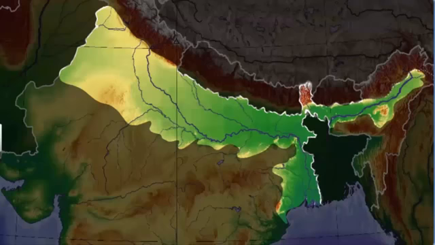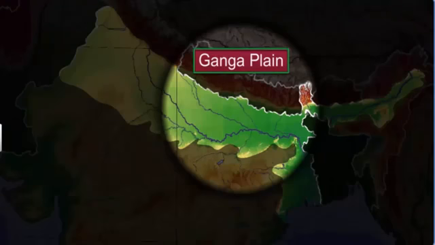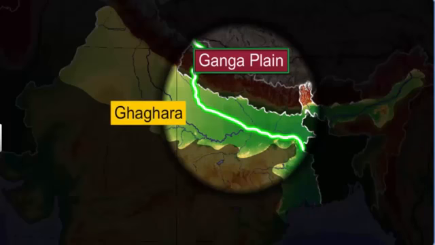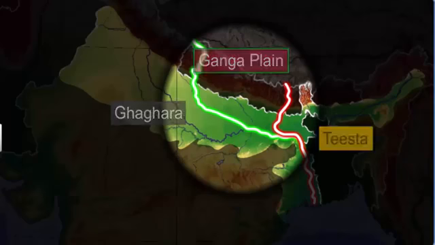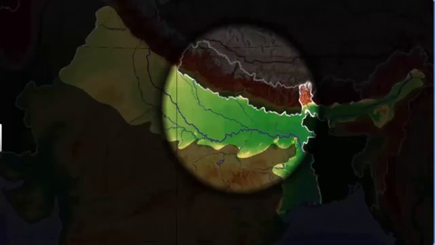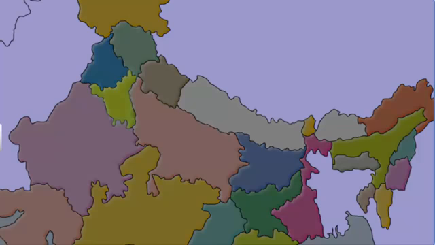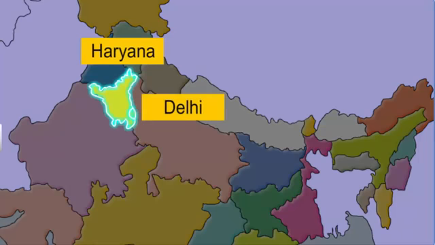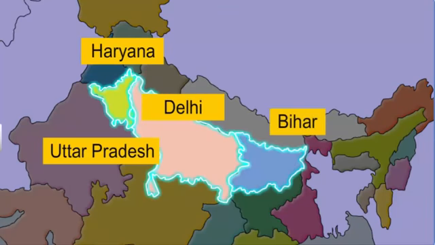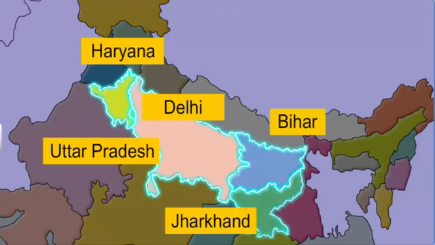Let's move to the next part of the northern plain, the Ganga plain. This plain consists of the middle portion of the northern plain and lies between the Ghaggar and the Teesta rivers. The Ganga plain spreads over most states of North India. It covers Haryana, Delhi, Uttar Pradesh, Bihar, and parts of Jharkhand and West Bengal.